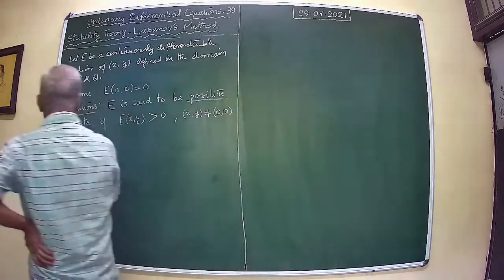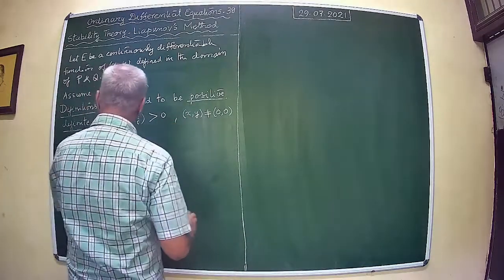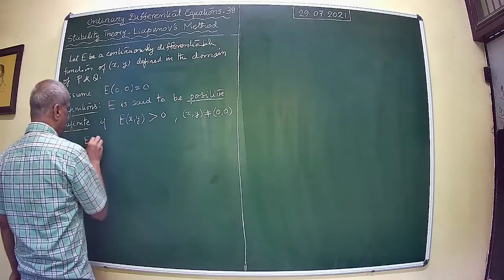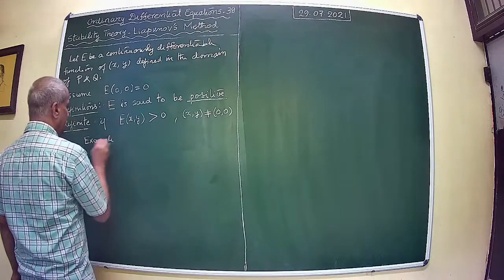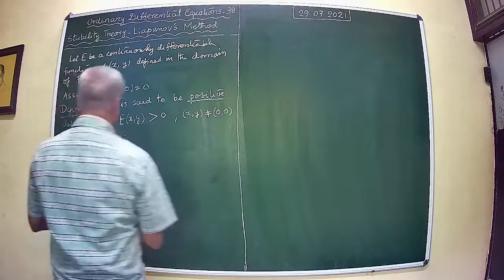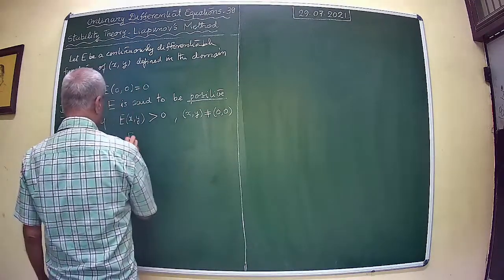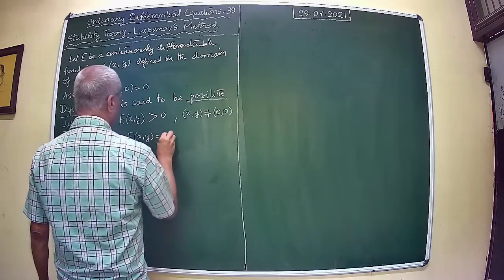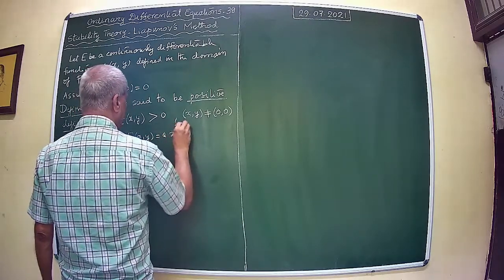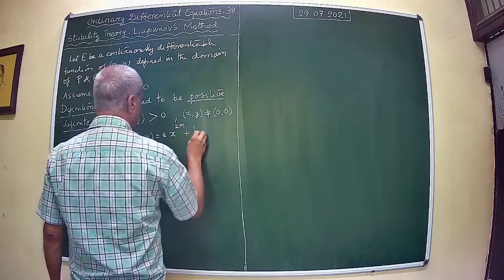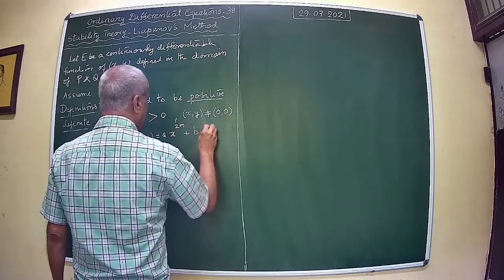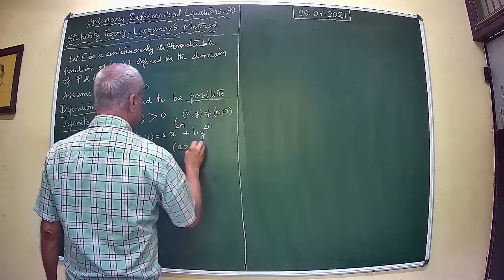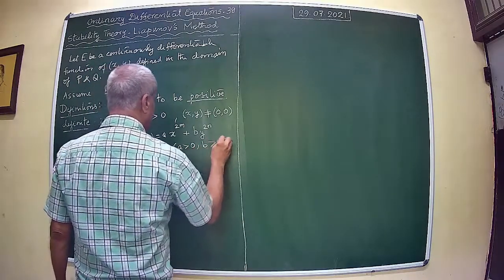Okay. Now an example of such a function is, look at this function, with x to the power 2m and y to the power 2n. We assume a is positive, b is positive.